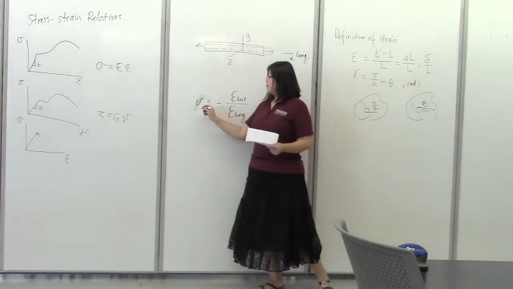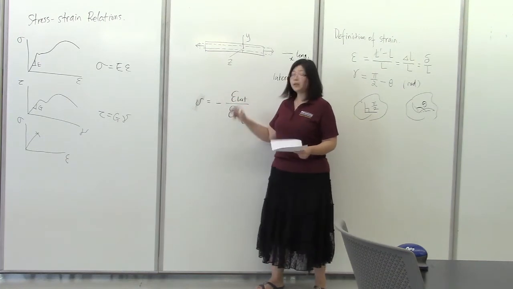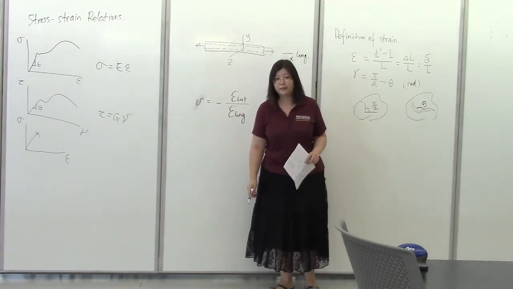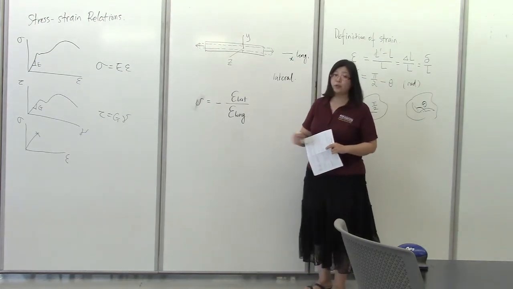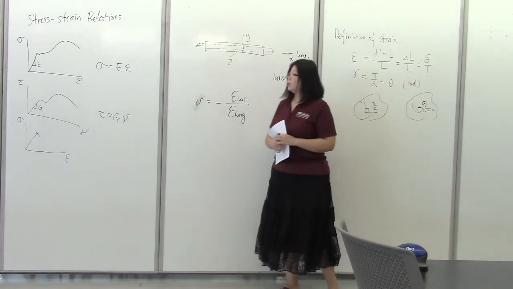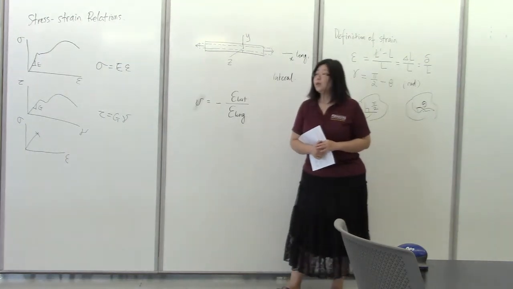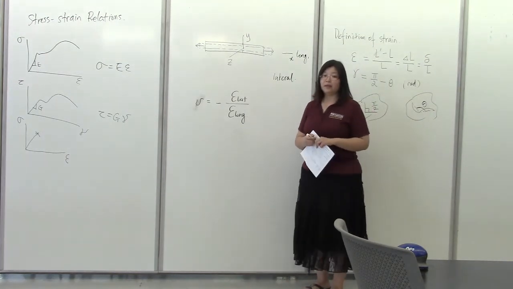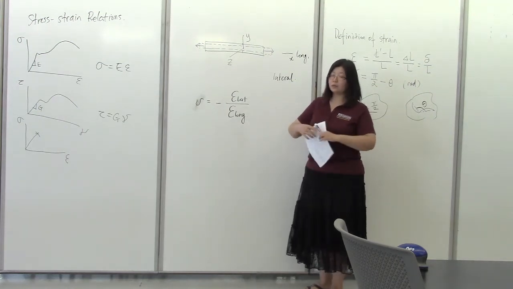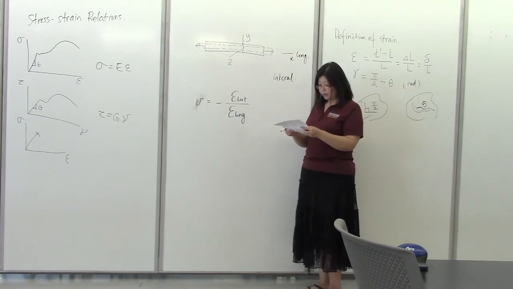Therefore, we define Poisson's ratio to include a negative sign in the formula such that the Poisson's ratio will always be positive. So Poisson's ratio is another material property, and it is normally smaller than or equal to 0.5. When it is 0.5, the material is considered to be incompressible. We're not going to go into the details of that, but just so that you know.